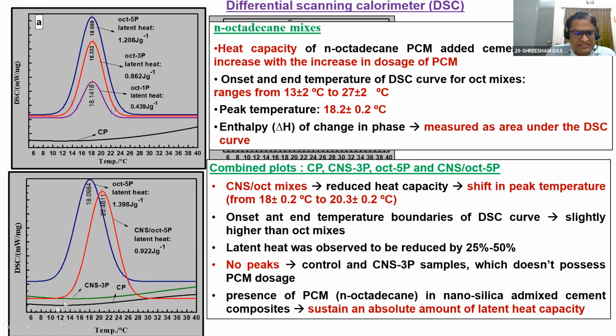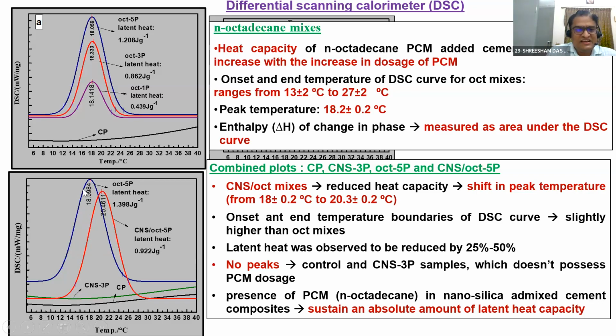Now you can see this red one is nothing but your CNS 3% plus octadecane 5%. Means it is giving me a peak, and it is absorbing the heat. Now what is the blue one? Blue one is only octadecane.